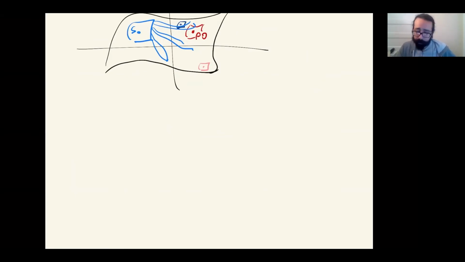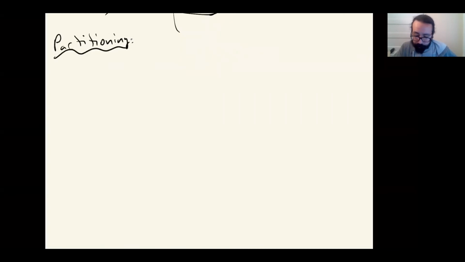So, to be a little more precise, another hallmark of this partitioning, let's try to set up a concrete setting here. We're going to have these 3 disks.